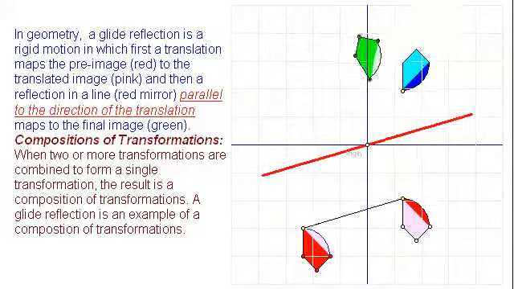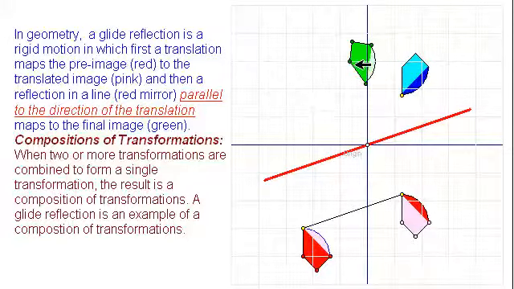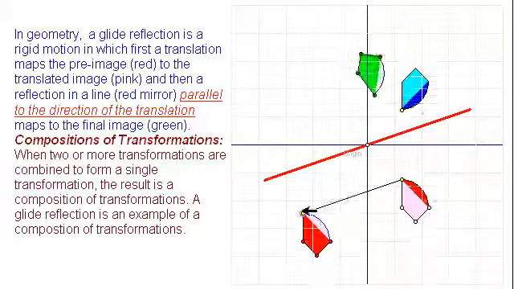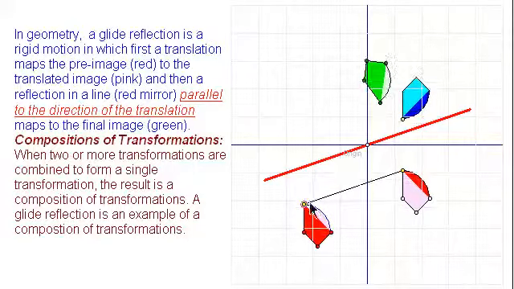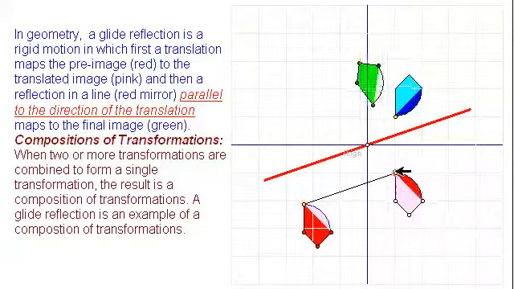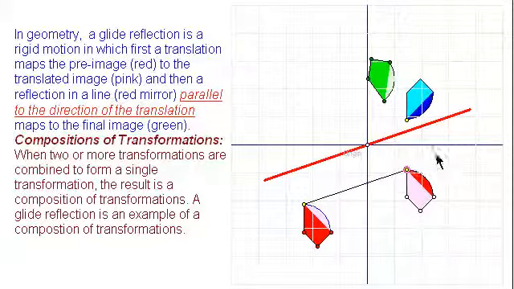When I change the direction, even in this case, the green one is the glide reflection, but the blue one is not, because the blue one is the reflection of the translated image about the x-axis, which is not parallel to the line of translation.